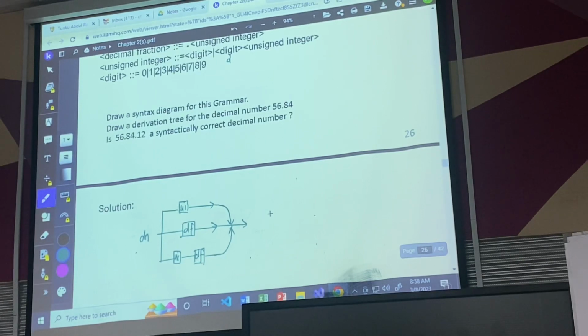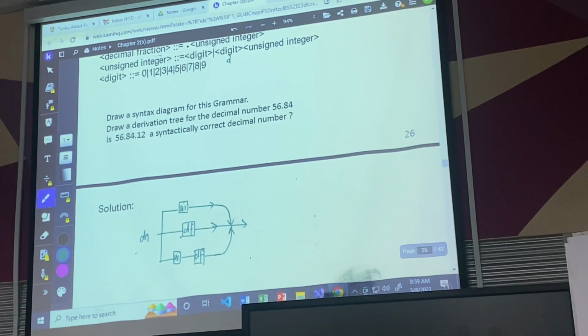These three combined together. So we have unsigned integer, or decimal fraction, or unsigned integer decimal fraction together. And then the second one, you have a decimal fraction, right?